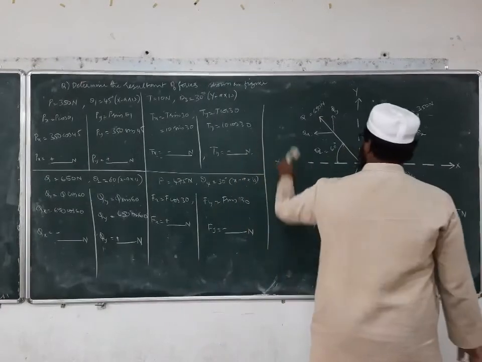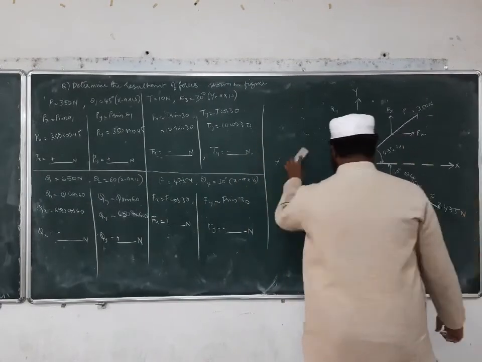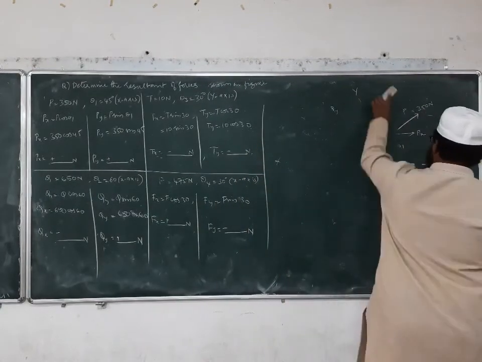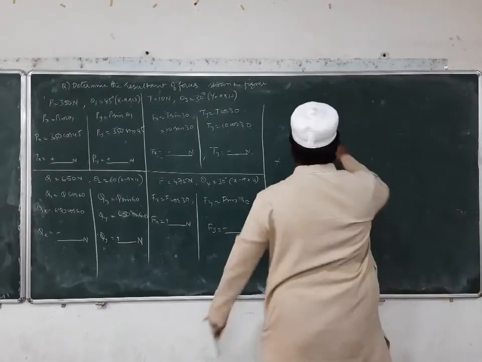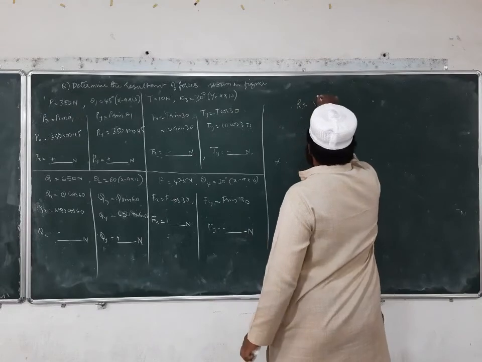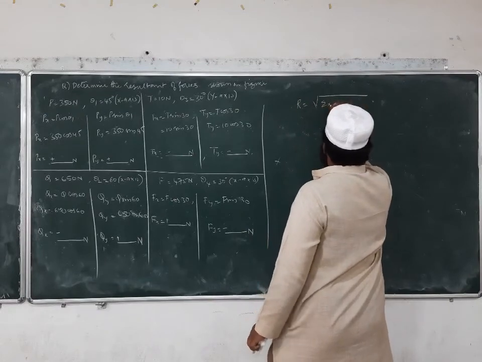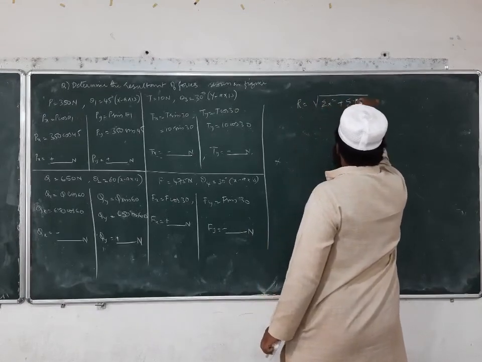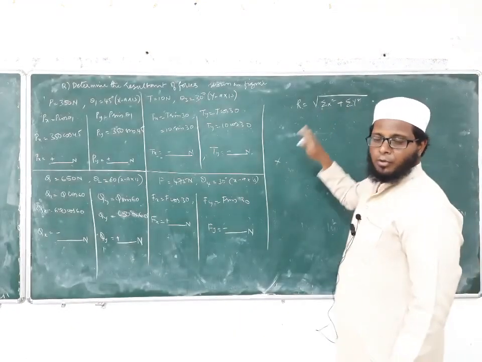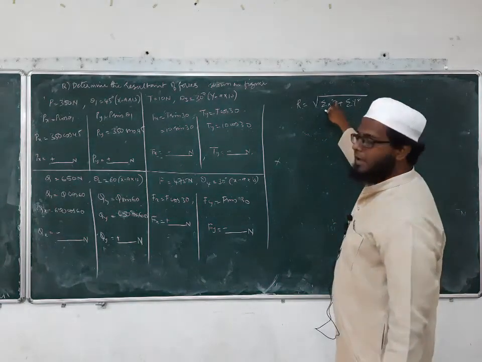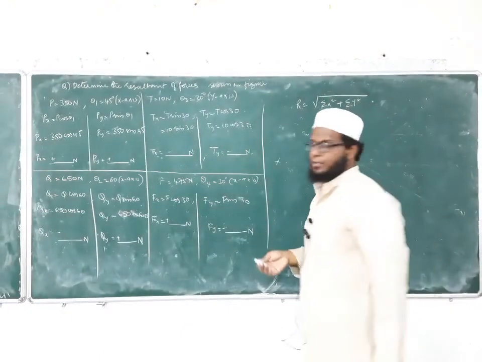Since we have all the components of each force, now we can directly calculate the resultant with the help of our formula, that is, the resultant R is equal to the square root of sigma x squared plus sigma y squared. Even though x and y may come positive or negative, once you square them, the value becomes positive.